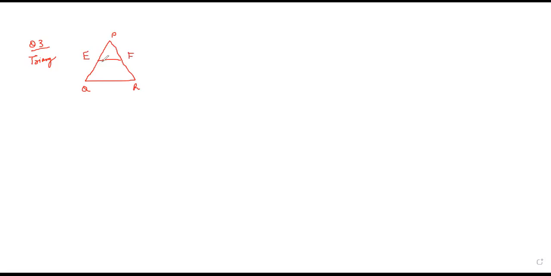Now he's saying EF is parallel to QR. Some measures are given: PE is equal to 4, EQ is equal to 4.5, FR is 9. I want to get the length of PR.